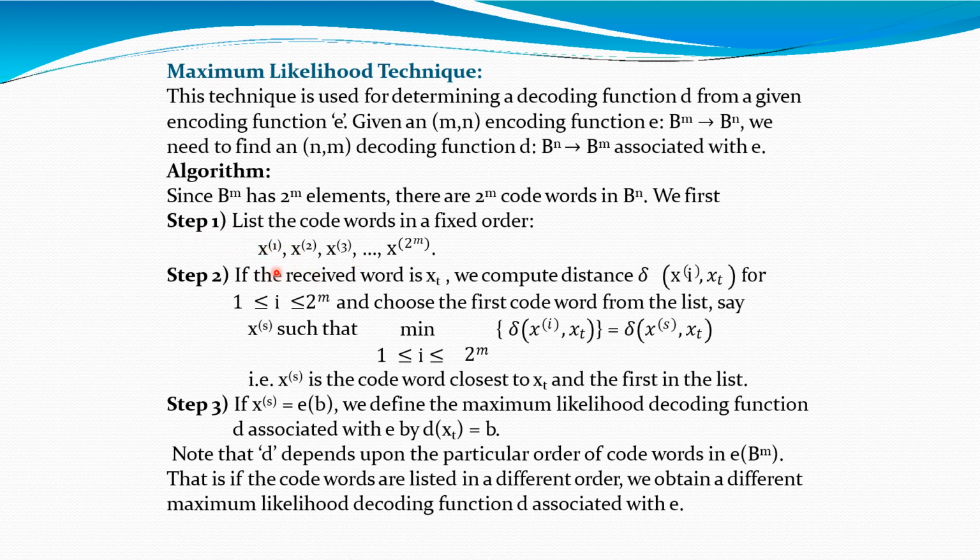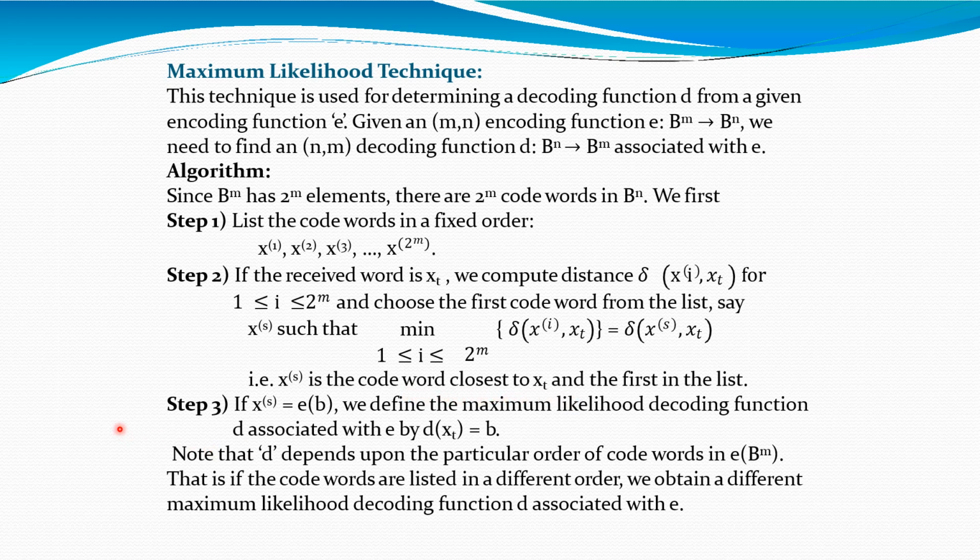So we find all these distances. Then we have to select the first code word from the list, say xs, such that the distance between xs and xt is minimum among all these distances. That is, xs is the code word closest to xt and first in the list.